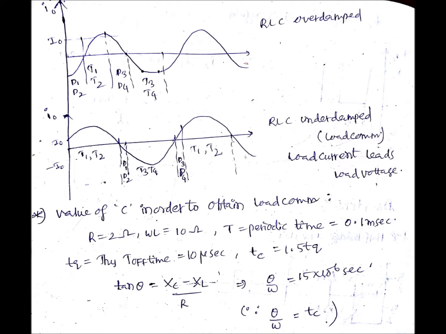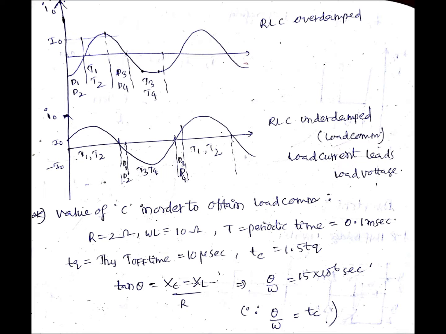And you know tan theta, that is the phase angle relation with the capacitance, inductance and resistance, is tan theta equal to XC minus XL by R. And you also have TC, which is 1.5 into TQ, meaning 15 microseconds. So theta equal to omega T, and theta by omega will be TC, right?